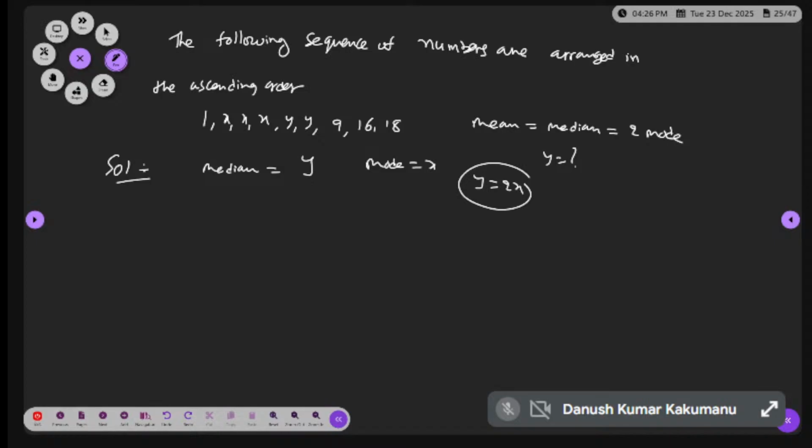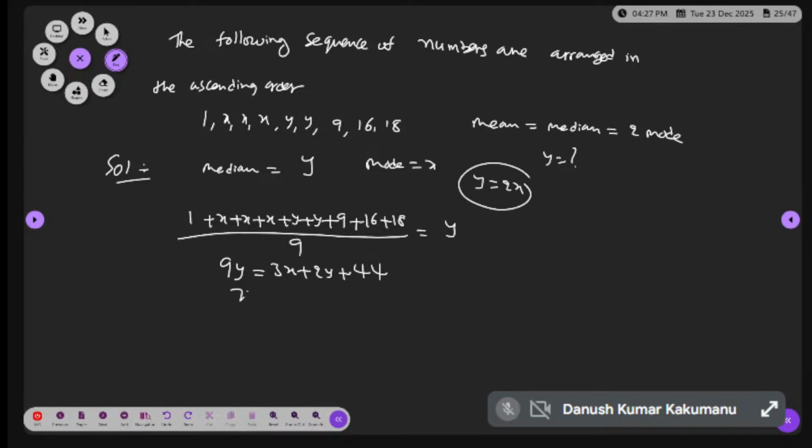Now take the average of them: 1 plus x plus x plus x plus y plus y plus 9 plus 16 plus 18, divided by how many? 9. We are taking the mean. Mean and median are the same, which is y. So 9y equals 3x plus 2y plus 44.